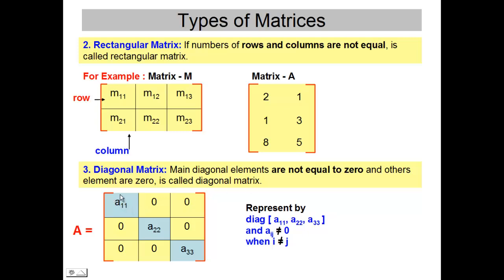Means the diagonal elements are not equal to 0, that is the first condition, and other elements of matrix are 0, so it is called diagonal matrix, represented by diag, and then diagonal elements A11, A22 and A33, where A of ij is not equal to 0 when i is equal to j, and A of ij is 0 when i is not equal to j, so row and column index are not equal. So this is called diagonal matrix.